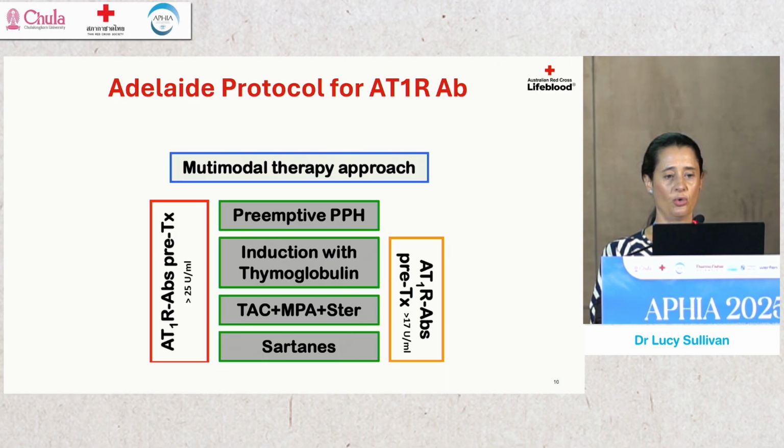In Adelaide, all transplant waitlist renal patients are screened for AT1R antibody levels, and if they are greater than 17 units per mil, they will have therapy with sartans and combination triple immunosuppression with tacrolimus, mycophenolate and steroids, plus induction thymoglobulin. However, if the AT1R is greater than 25 units per mil, they also receive preemptive plasmapheresis.